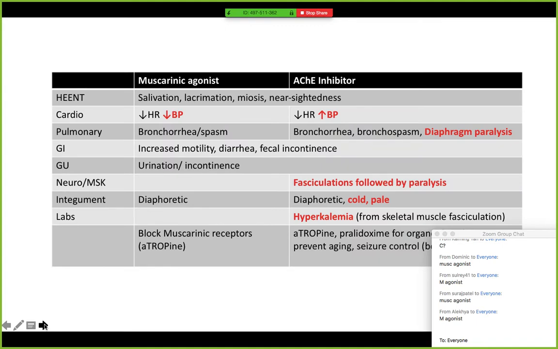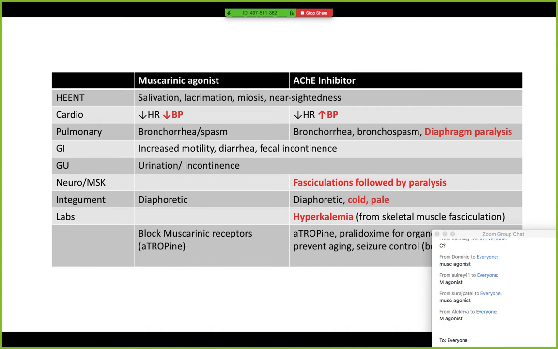Okay, and so that brings me to this chart. So this chart is straight out of her lecture, and I would make sure that you review this tomorrow and you know the difference between muscarinic poisoning and cholinergic poisoning from an acetylcholinesterase inhibitor, like nerve gas or malathion. So with a muscarinic agonist, you're going to see a decrease in blood pressure. Why?